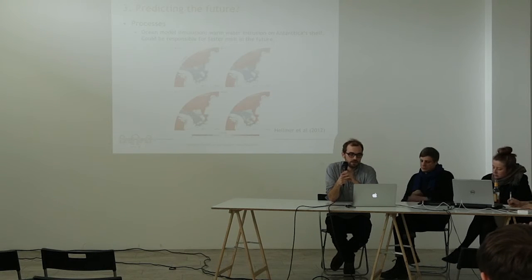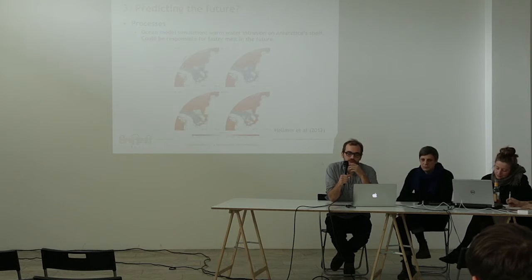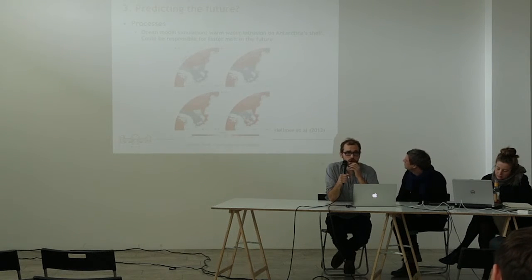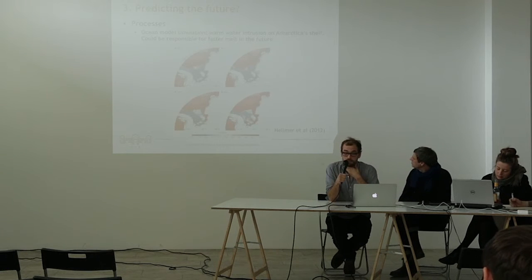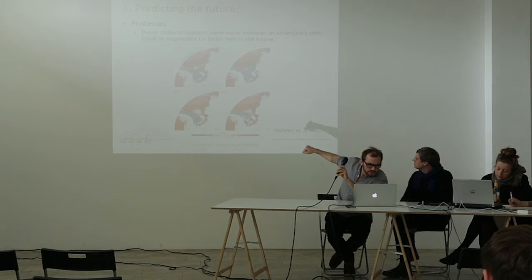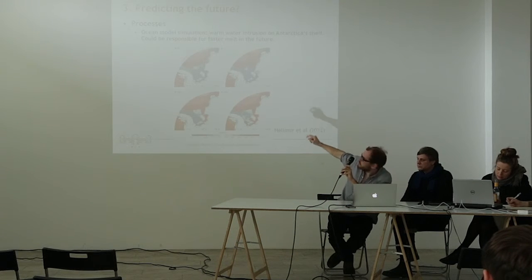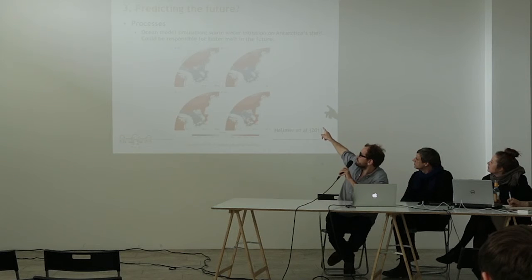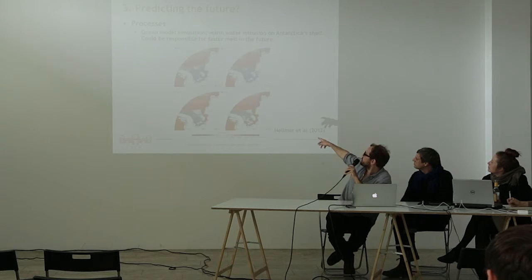Like, for example, these four pictures show around Antarctica. Red is warm ocean water, and blue is the cold ocean water, and you have time slices: 2070, 2080, 2095.